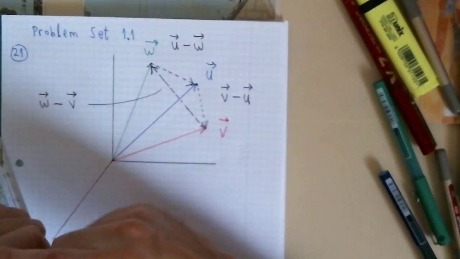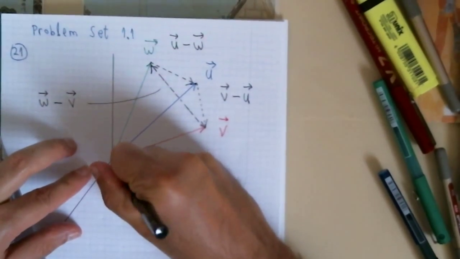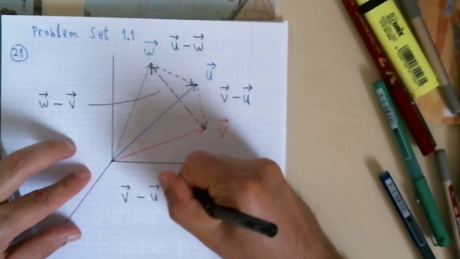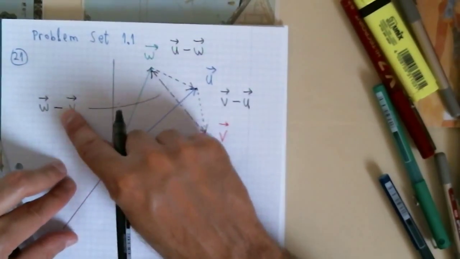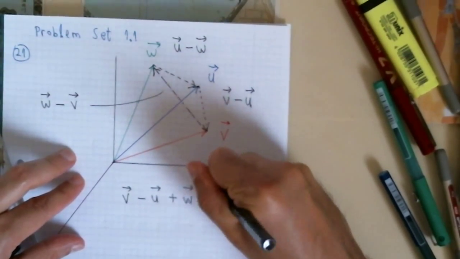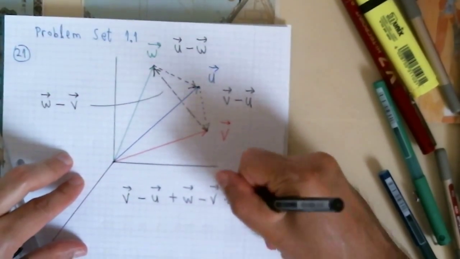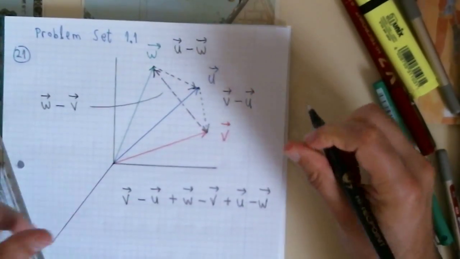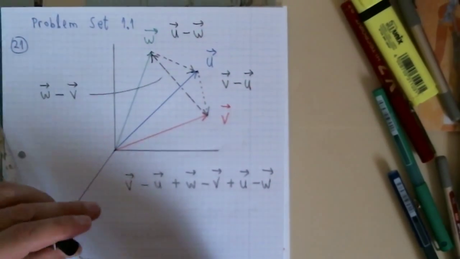But if you want, you can do it algebraically. Let's begin with this one. So v minus u, plus, let's say, this one, w minus v, plus u minus w. Each one of them appears once in a positive and once in a negative.